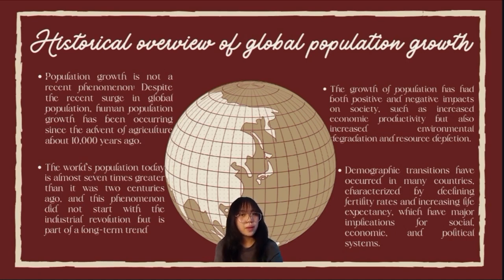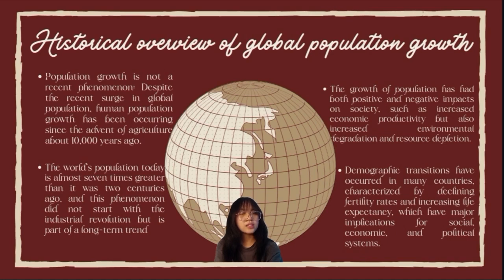The world's population today is almost 7 times greater than it was 2 centuries ago. And this phenomenon did not start with the Industrial Revolution, but is part of a long-term trend. The long-term trend of population growth has led to an almost sevenfold increase in the world's population over the past 2 centuries.